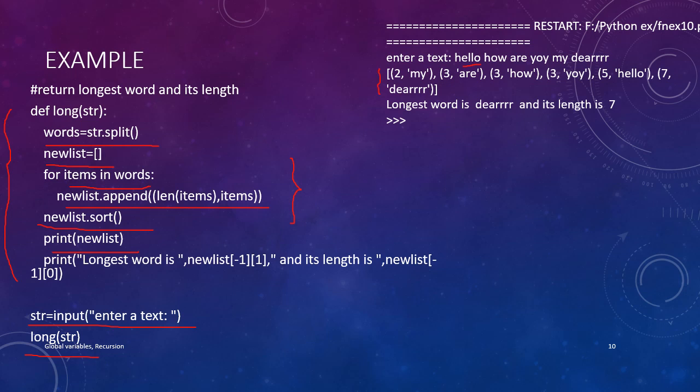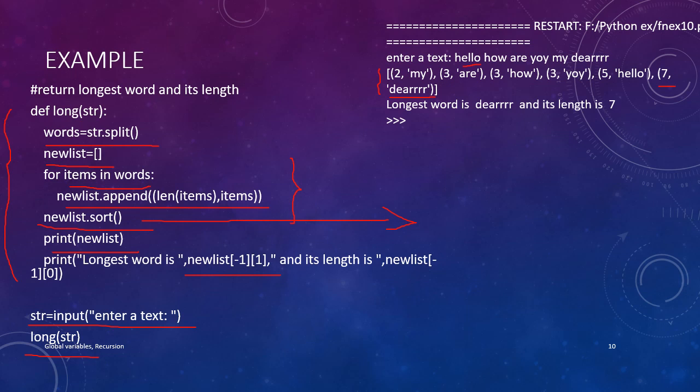We know this kind of sorting will sort the list in ascending order. So the last element of the list will contain the longest word in the sentence. In the print statement, we are using new list minus 1, 1.